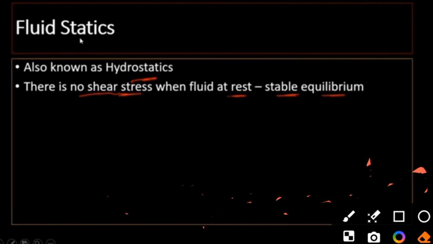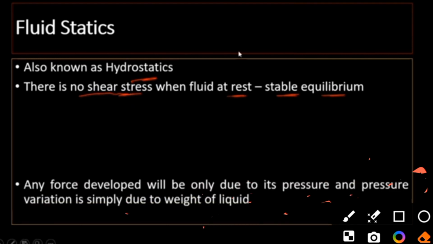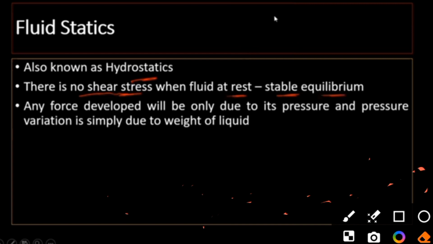So what are we studying here? We are studying any force that is developed due to pressure.